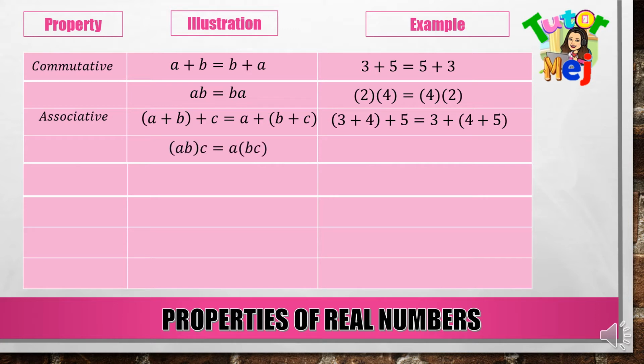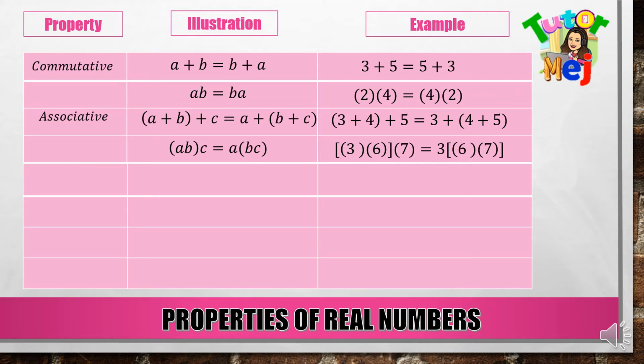Okay? Next, sa multiplication. Okay, ngayon, ginamit na ang quantity for grouping and multiplication operation. So, example tayo. Dito, nagdagdag ako. Instead of using double parenthesis, gumamit ako ng bracket or brace para sa grouping.